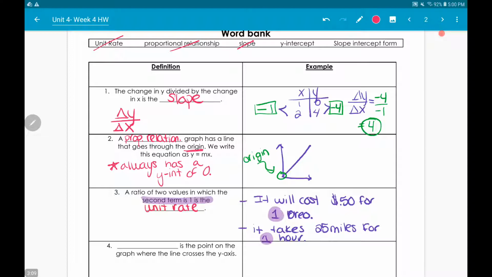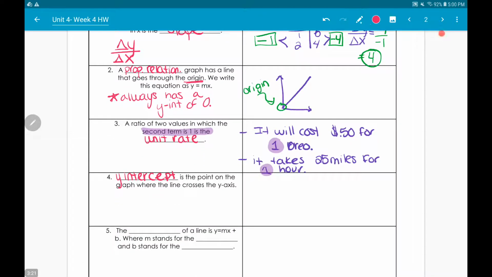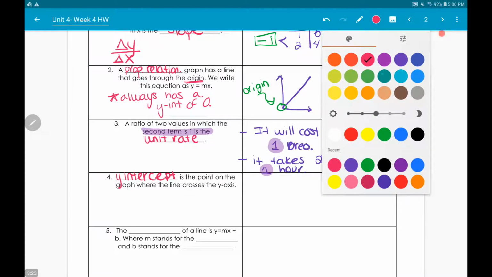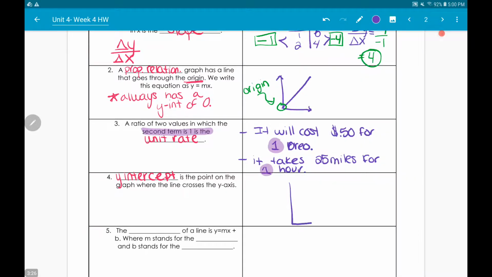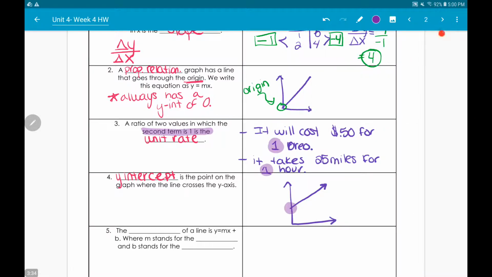All right, let's take a look at the next one. 4. Blank is the point on the graph where it crosses the y-axis. That is our y-intercept. So if I draw this example, it is still straight like a proportional relationship, but now it is crossing the y-axis at some number.